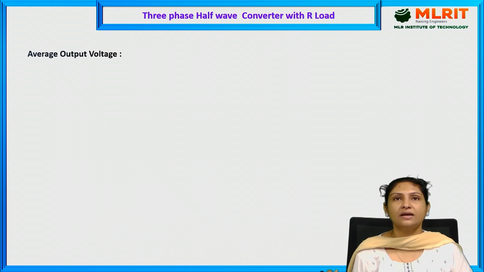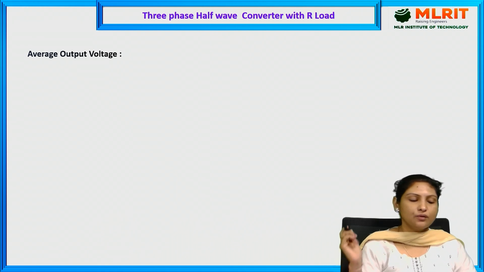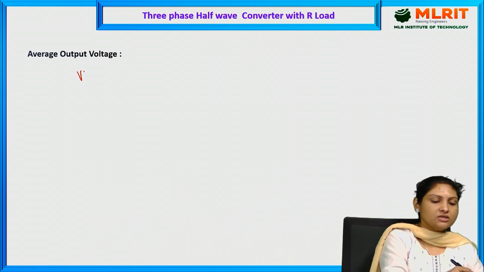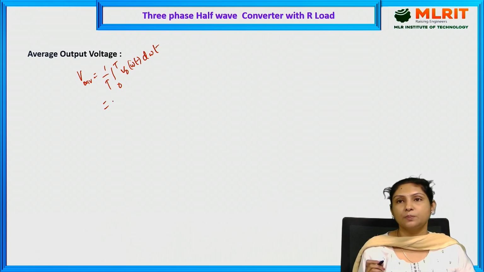Now, let us check out the output voltage expression for three-phase half-wave converter with RL load. The general formula for V0 average is 1 by T, integral 0 to T, of V0 of omega t d omega t, where every cycle repeats for 120 degrees, as I have already discussed.